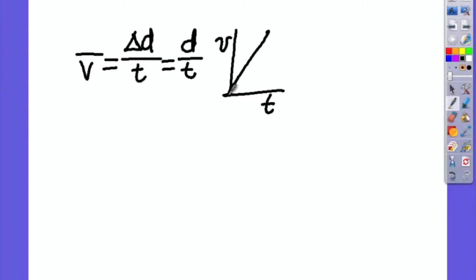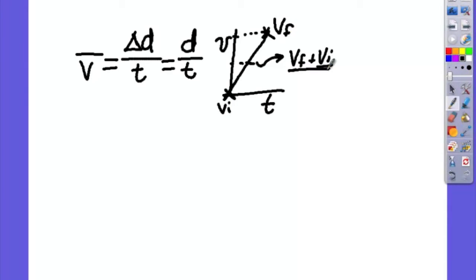But our velocity vectors will be read across on the y-axis. So if this is our initial velocity and this is our final velocity, our average velocity is going to be the midpoint of this line. It's going to be the true average of the initial and final velocities.